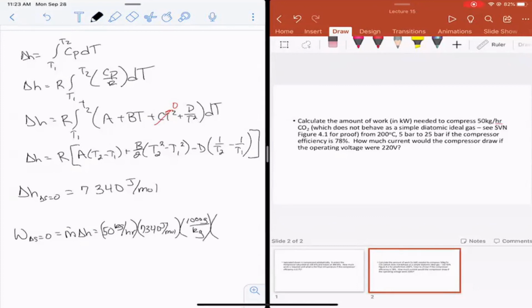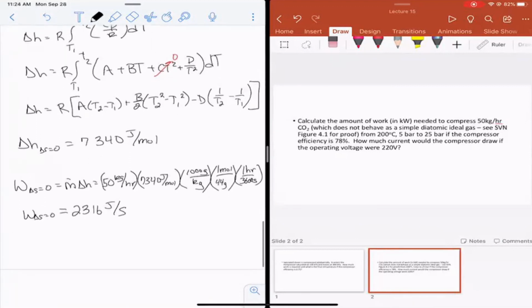Times 1 mole of CO2 is about 44 grams. And then we know that 1 hour is 3,600 seconds, and this makes sure that we're going to get the answer in the right units. And so that equals 2,316 joules per second, or watts.